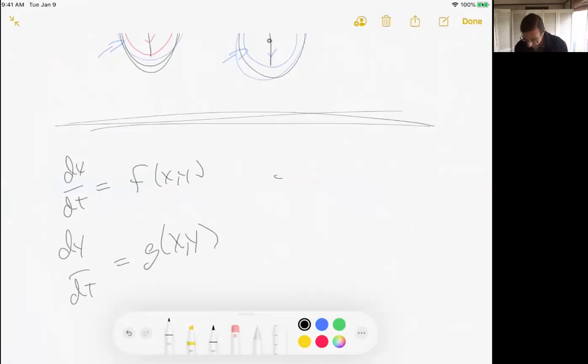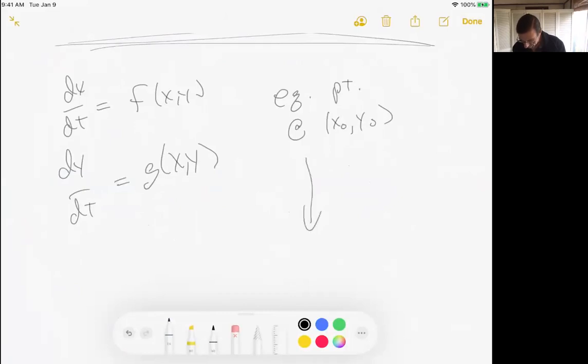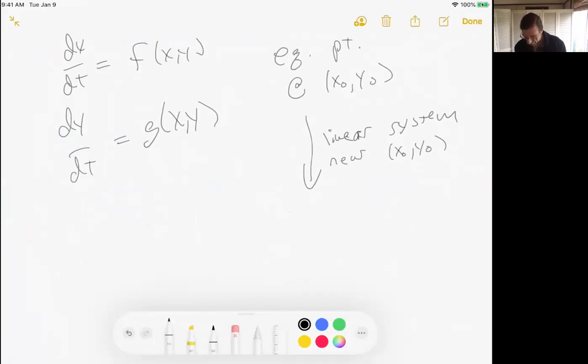And I have an equilibrium point at (x0, y0). Then the linear system near (x0, y0) is going to be the following. It's the partial of f with respect to x times x plus the partial of f with respect to y times y.